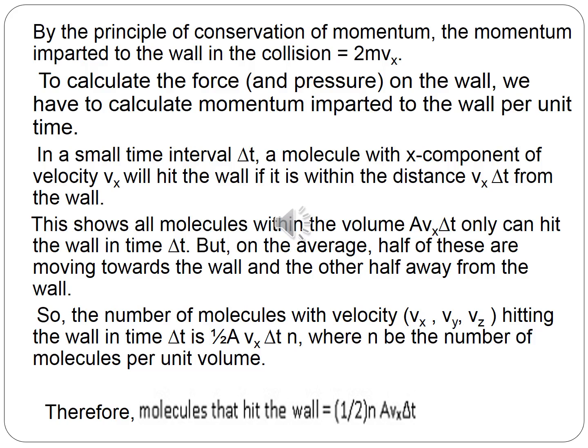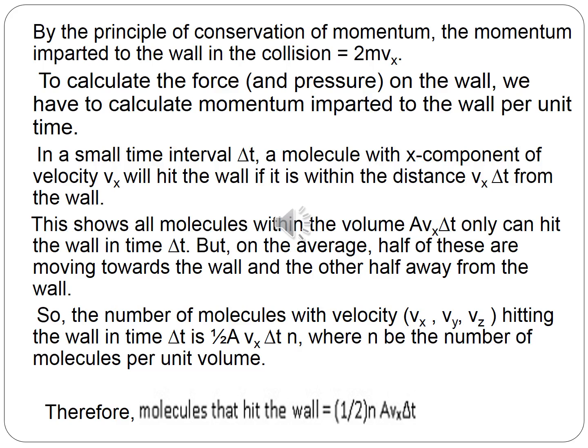By calculating the rate of change of momentum of the molecules colliding against the wall in time interval delta t, we can find the pressure exerted on the wall. Earlier, we had calculated the momentum imparted to the wall in the collision due to only one molecule, which is 2mVx.